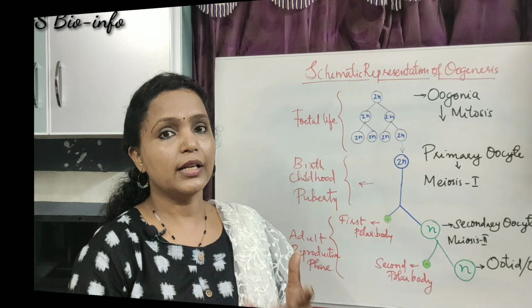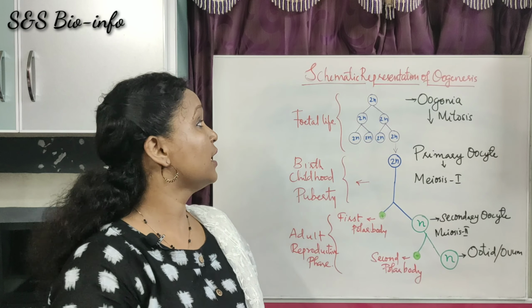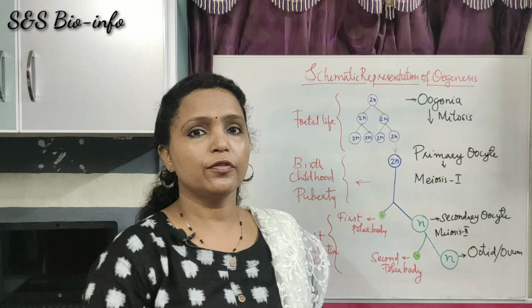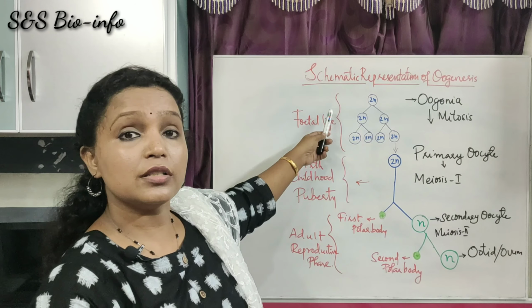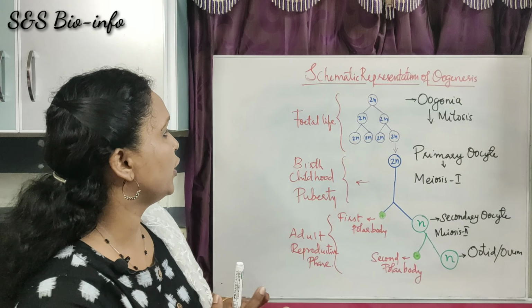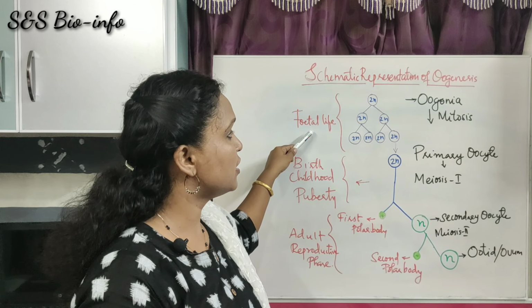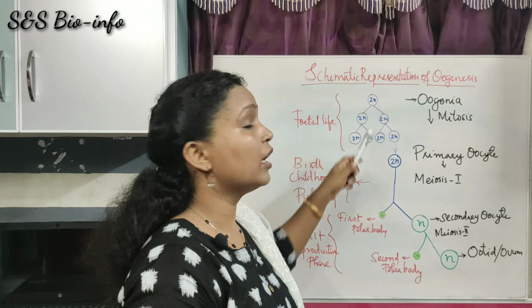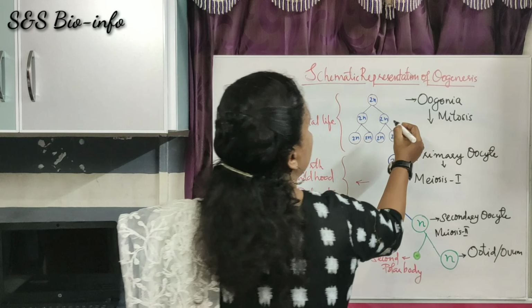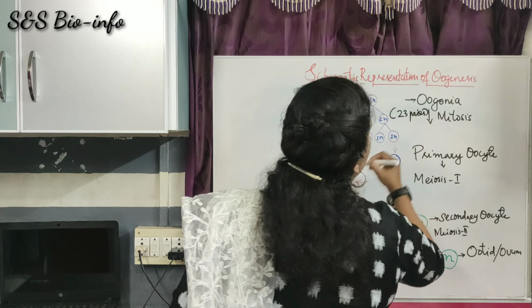To understand the process oogenesis more clearly, let's observe the schematic representation of oogenesis. Here you can see the processes that take place in the female body. The oogonia are developed during the embryonic stage. Those oogonia are diploid in nature. That means each cell consists of 23 pairs of chromosomes.